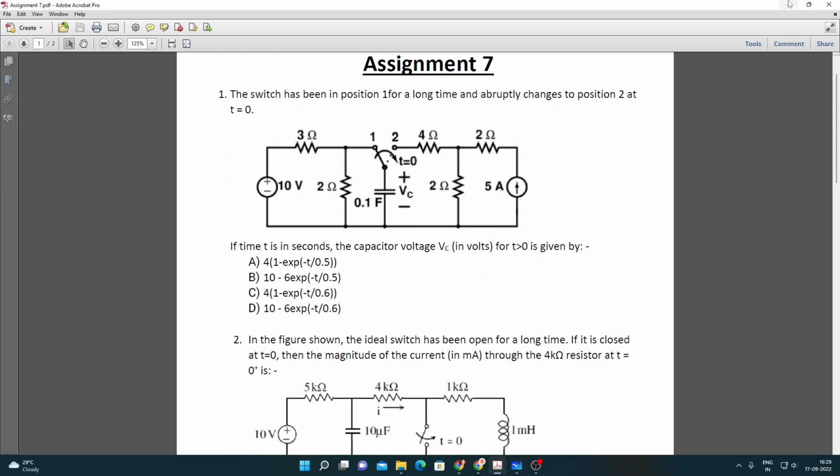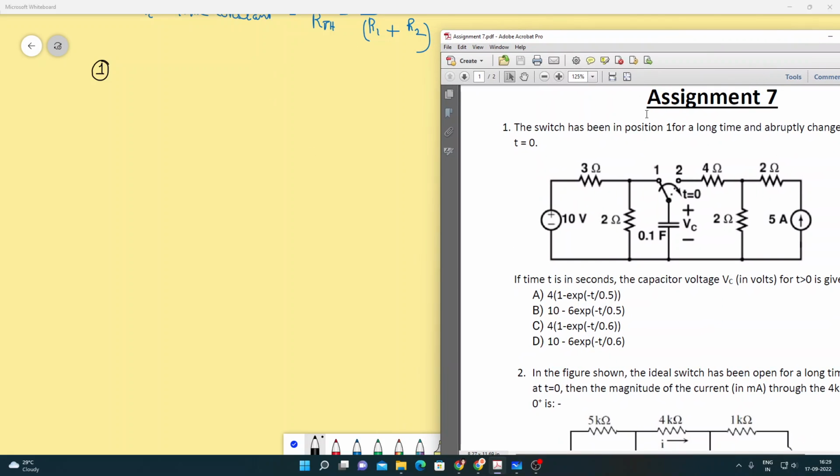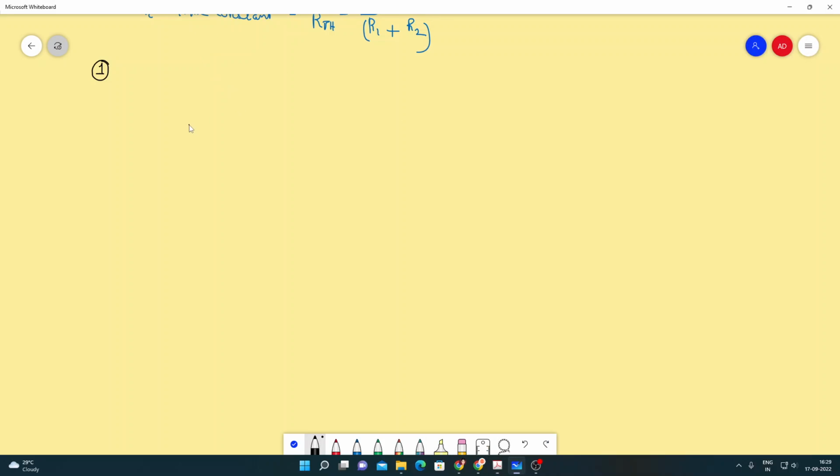So let's copy this circuit. When it is connected to 1, the capacitor under steady state condition behaves as an open circuit. So the voltage across the capacitor will be basically, with 3 ohm and 2 ohm, a voltage divider, so 4 volt should come across the capacitor, but we will check it.